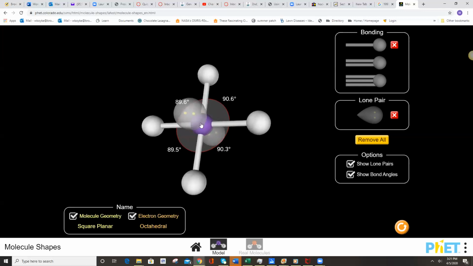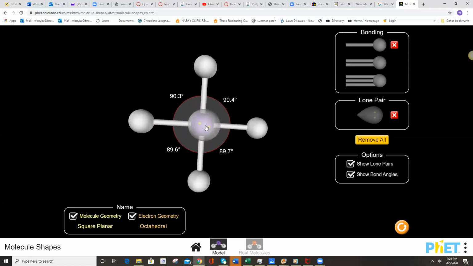Again, if I rotate the molecule, looking top down on it, I'm trying to decide if this is polar or non-polar. For polar, non-polar, you have to ask yourself the question, does everything cancel out? Do all the individual net poles cancel out? And in this case, they do. Here, all of my outer atoms are the same.